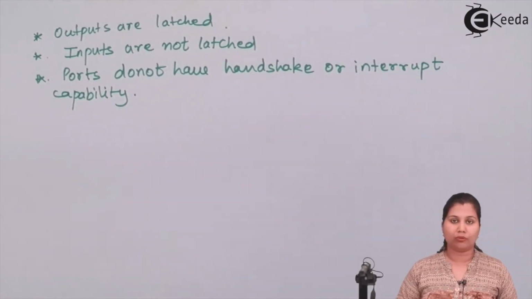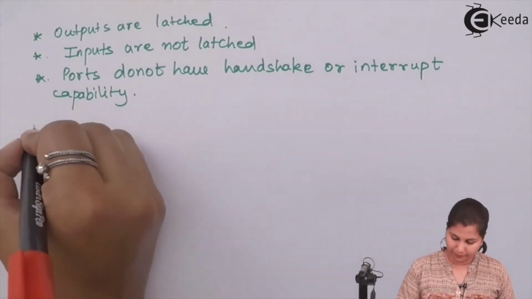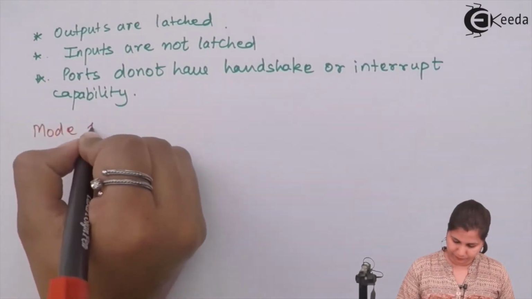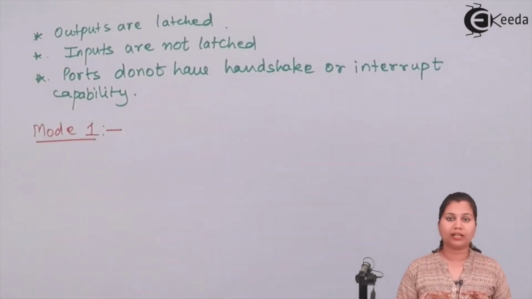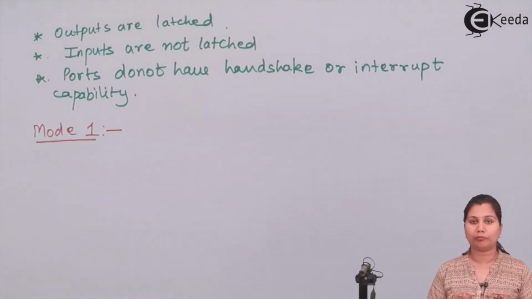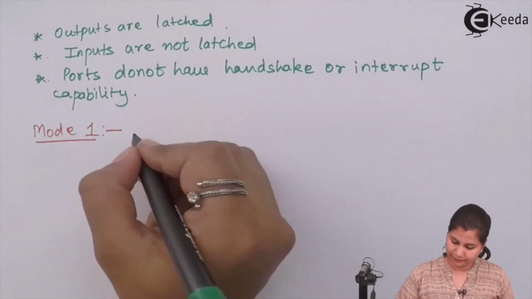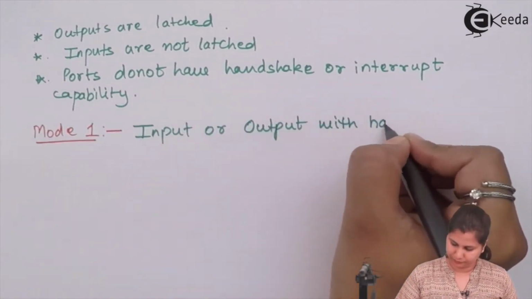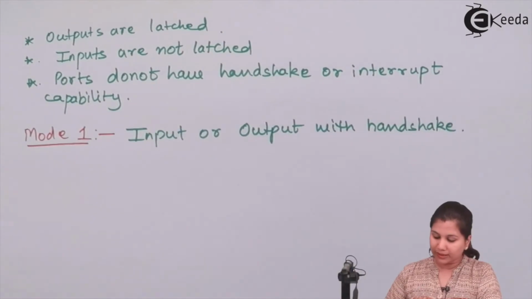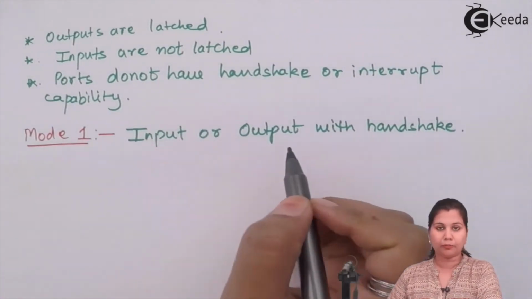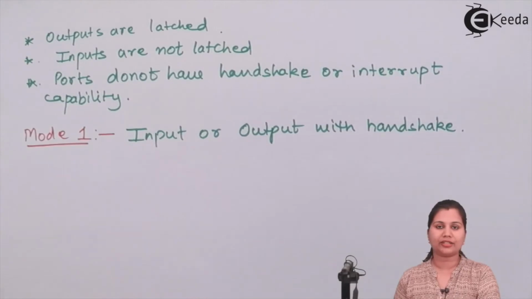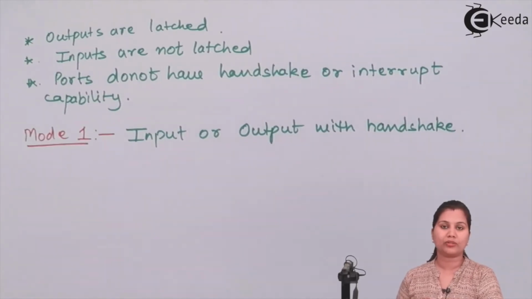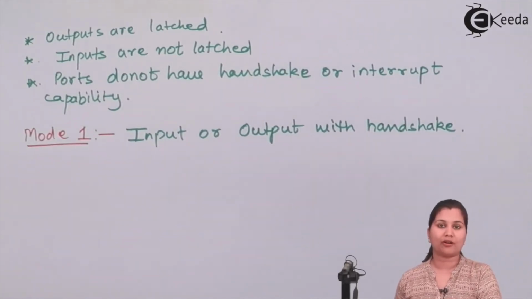Now let's come to mode 1. Mode 1 is known as input or output with handshake. So in this mode, we have input output ports with handshake. Handshake is used as a greeting in common language. Here handshake means that the ports use some of the lines of other ports.